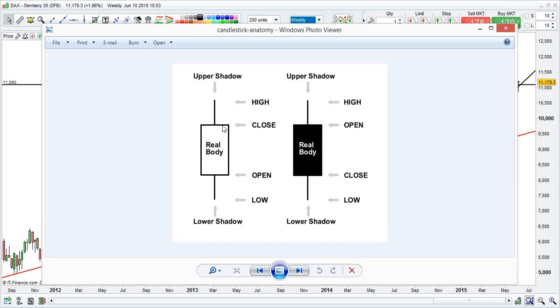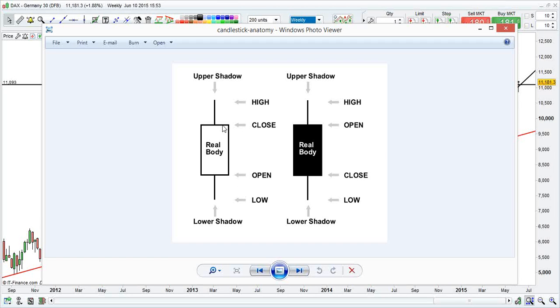Now, the great thing about using candlestick charts is that it is very easy visually to see where the price is on the open and on the close of each session. If the closing price is higher than the open price, then the real body is one color, usually green. If the closing price is lower than the open, then this is usually represented by a red candle. This gives us a simple way to see how the market has traded during that particular session.